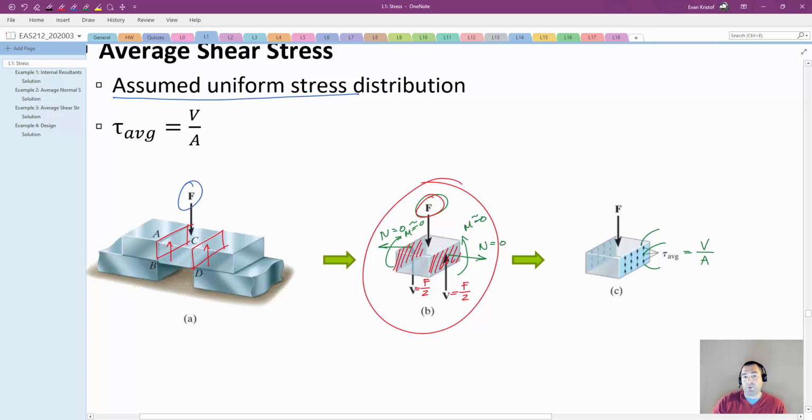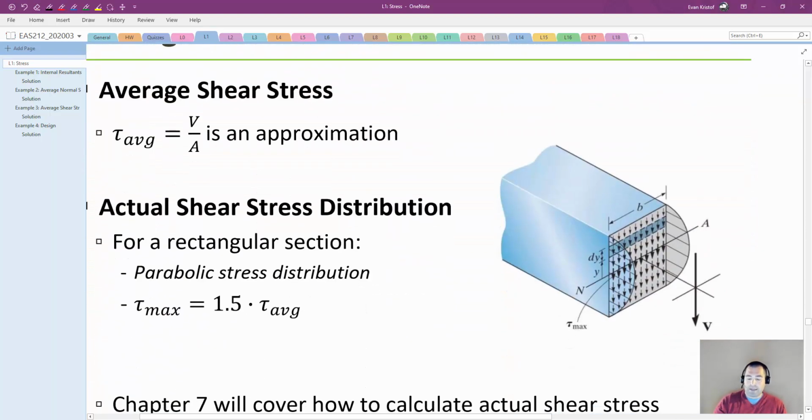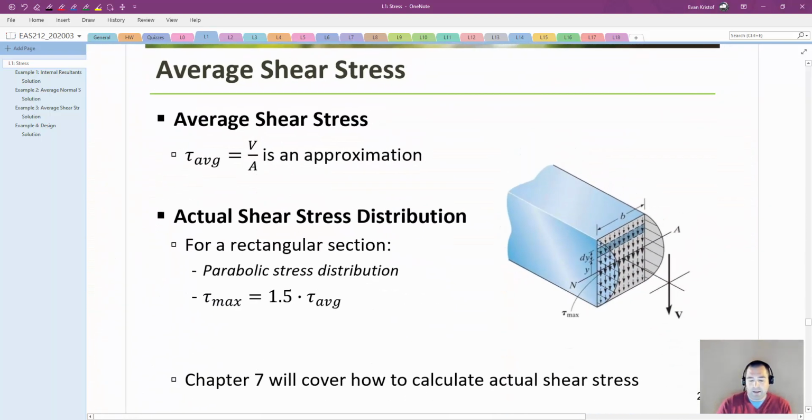The stress distribution of shear stress is typically parabolic, it's not uniform at all. So not only is it not constant, it's not linear, and it is usually parabolic in one form or another. Like I mentioned before, the average shear stress V over A is a big approximation.